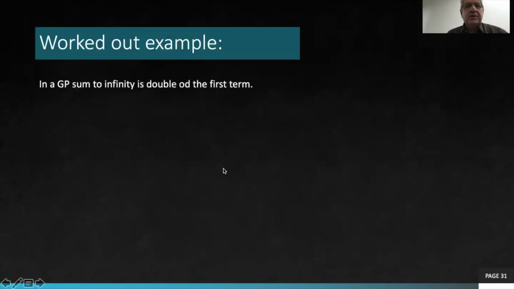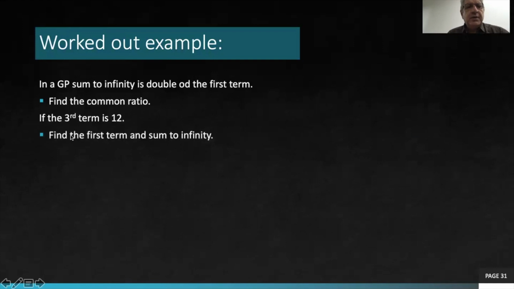Okay, here's another worked-out example. In a GP, the sum to infinity is double of the first term. Sorry, typo error, this is of the first term. Find the common ratio. If the third term is 12, find the first term and the sum to infinity.